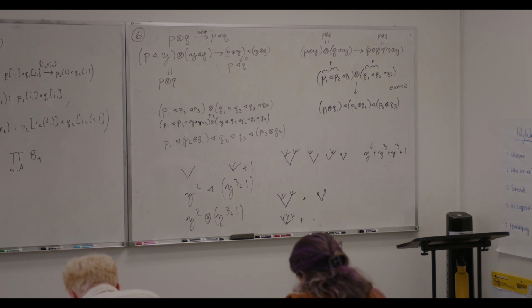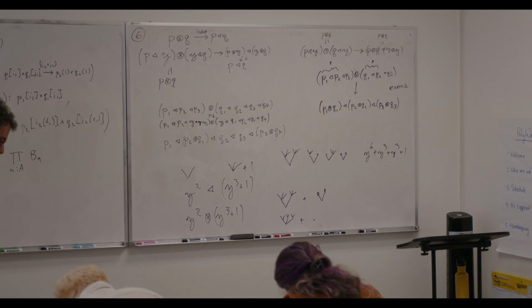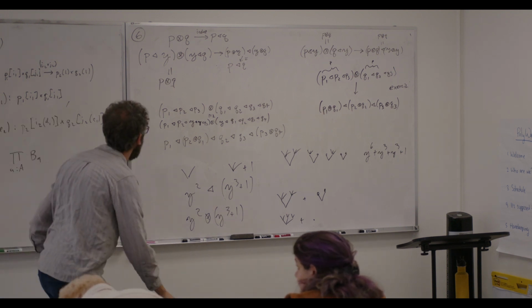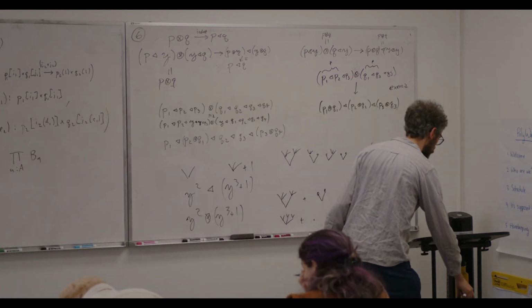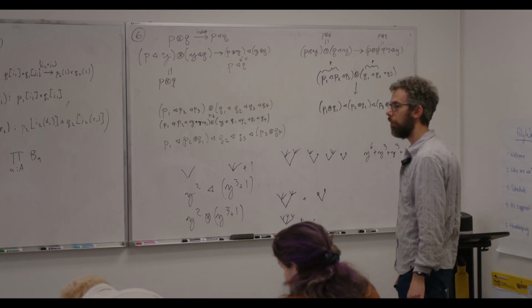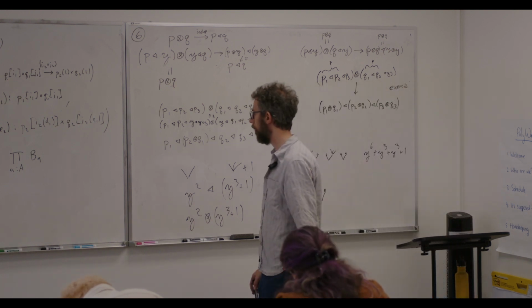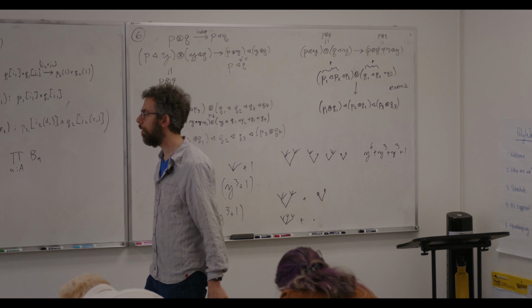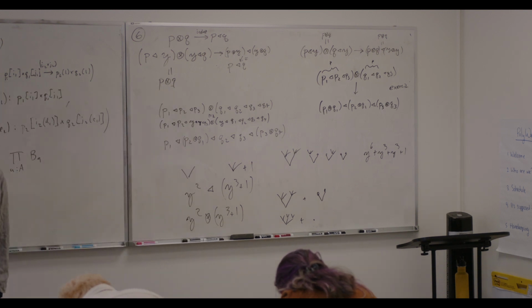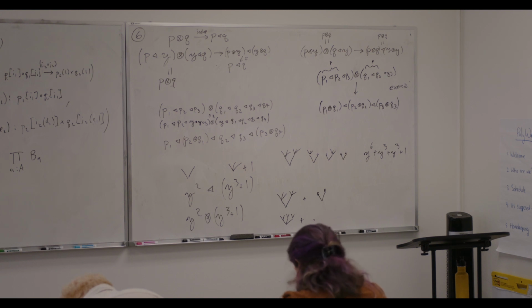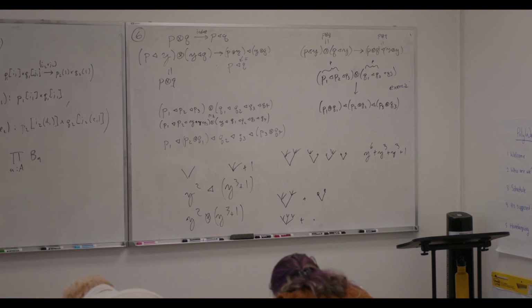Could I ask something else that confused me about tensor and composition? So David, if I have P and Q as polynomials, and I have P tensor Q. I'll take a photo of the corrected board.